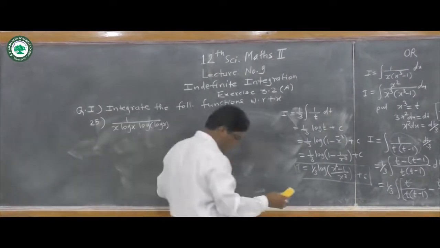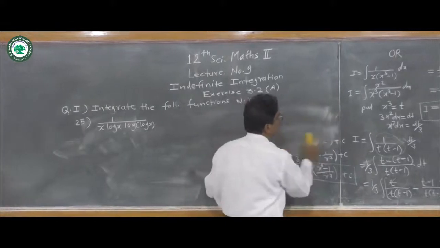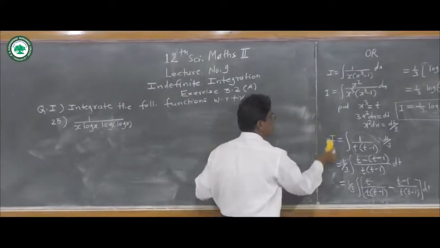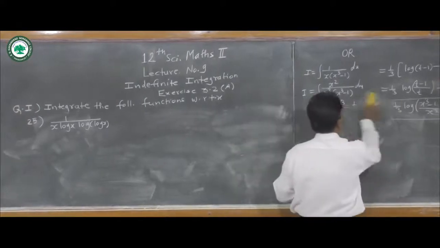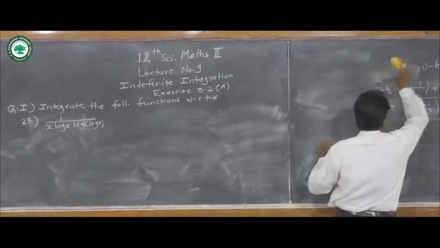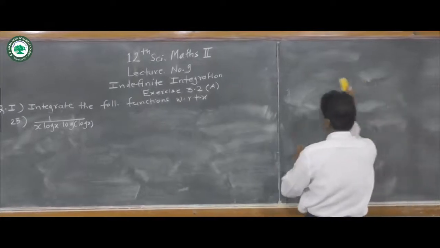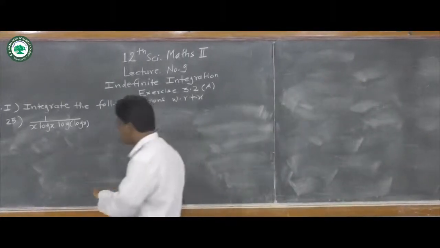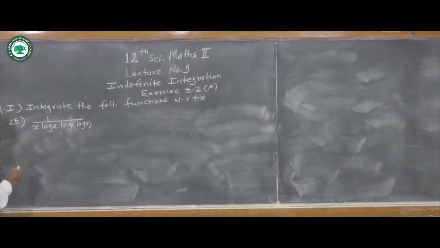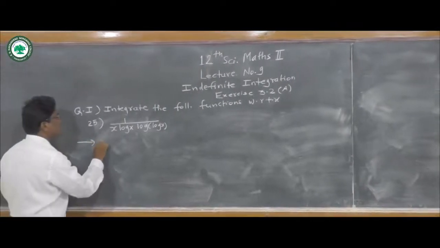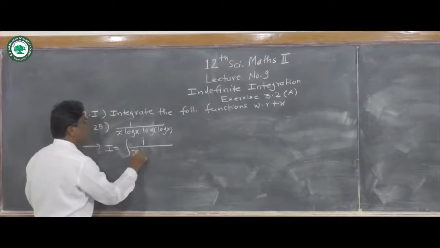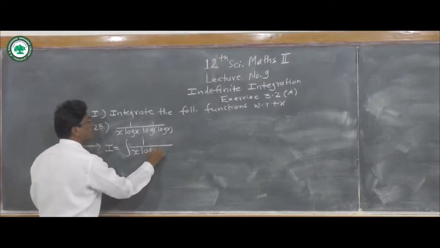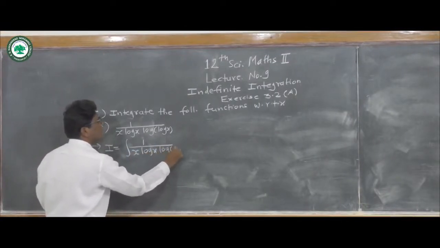This is the last problem in question number first. So how to solve this? Firstly, we call the given problem as I. So let us try to solve this problem. I is equal to integration of 1 upon x log x log of log x.